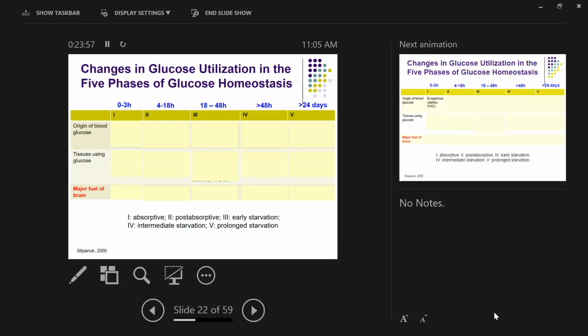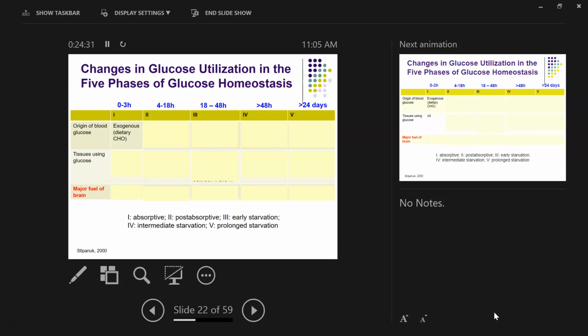So first, phase 1, which is the absorptive phase, 0 to 3 hours after a meal. During this phase, what is the source, or origin, of blood glucose? Diet, yes. So dietary or carbohydrate glucose is the main source of glucose during phase 1. And what about the tissues using glucose?